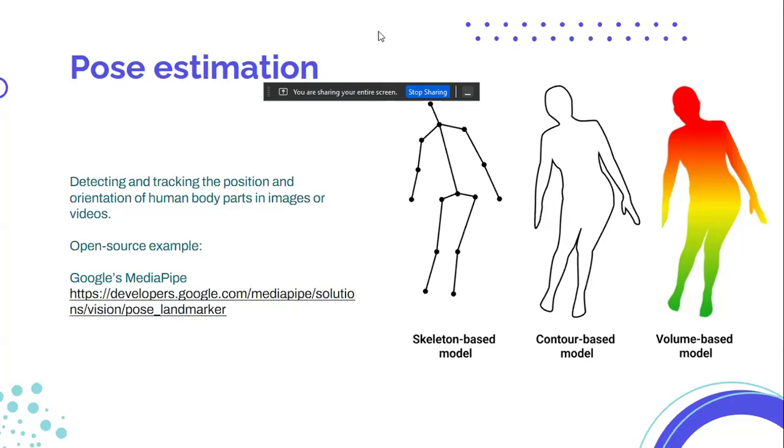And there are three different types of pose estimation algorithms. The first one is the skeleton based model. This is the most popular one out there that is currently being used.